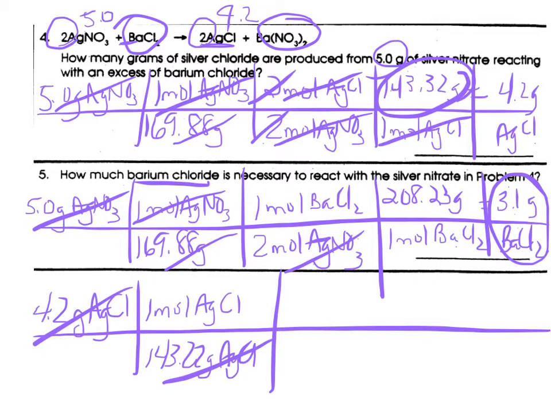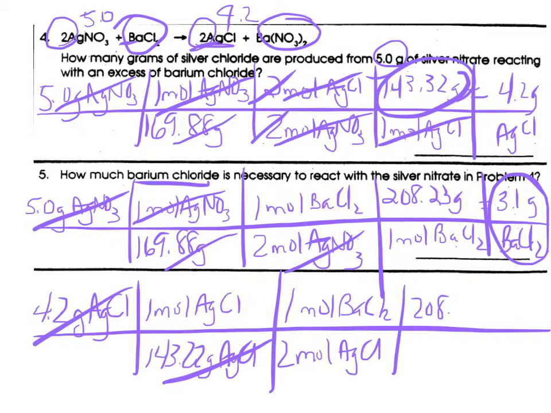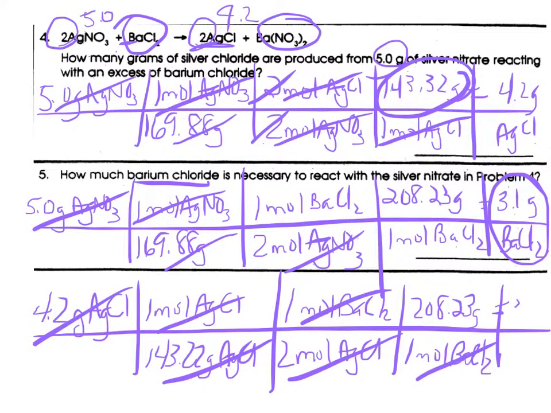So that cancels. So 2 moles of AgCl, again the 2 coming from up here, to the 1 mole of BaCl2, and the same molar mass as above. Okay. And canceling out all our like units, this one also gives us 3.1 grams of BaCl2. So again, as long as your numbers are right, it doesn't matter which one you start with.